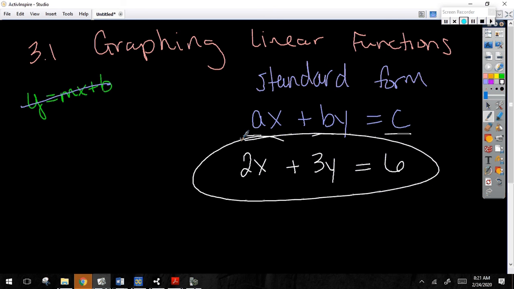Let me give you one and you tell me if it's a linear equation or not. Is that a linear equation or not?